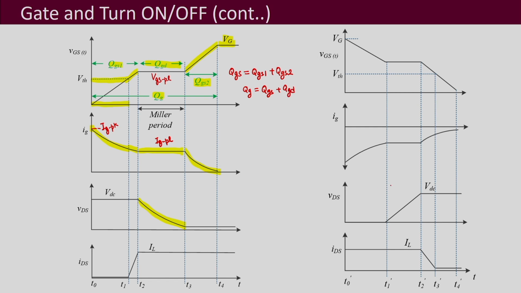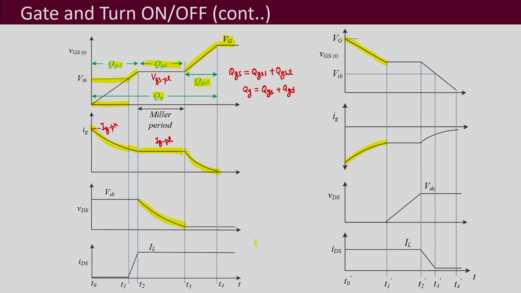Now, let us look into the turn off process, which is similar, and it's actually the opposite. So, first this voltage capital VG decreases, and it decreases to the Miller plateau voltage VGSPL, and at that time the current flows in the opposite direction and it reduces in the opposite direction.